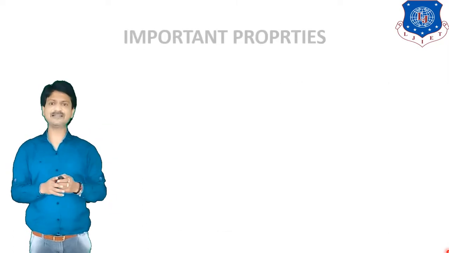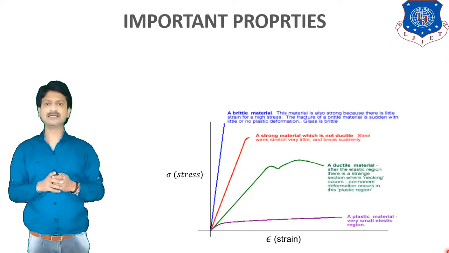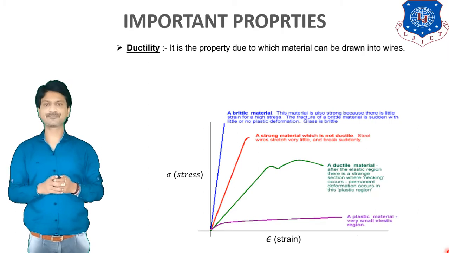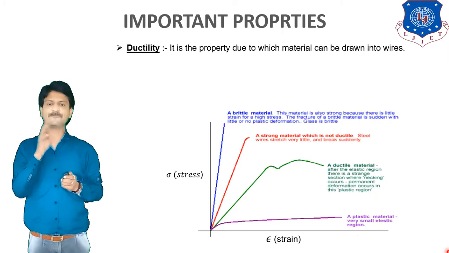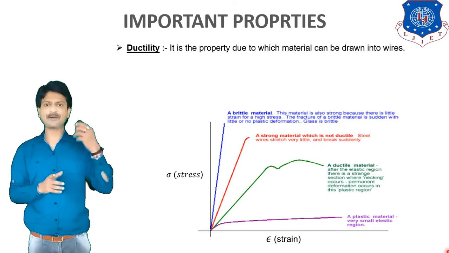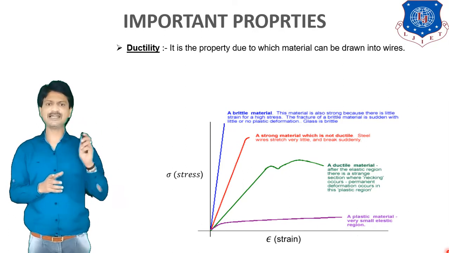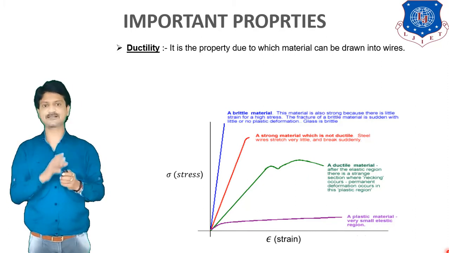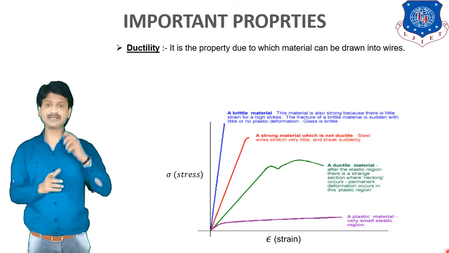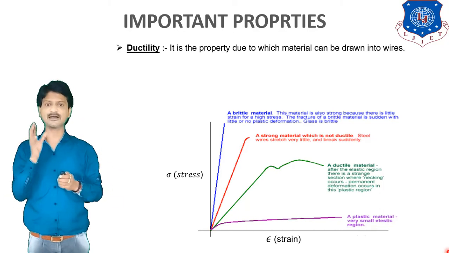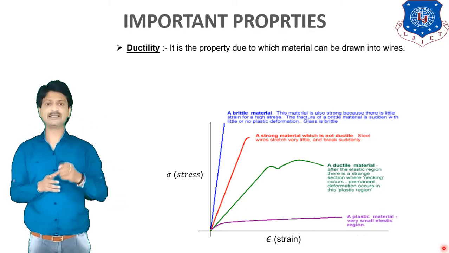We will start with the first property of material, that is ductility. If a deforming force is applied on a material and it acquires a large permanent deformation without producing any fracture, then that material is said to be ductile, and the property is known as ductility.